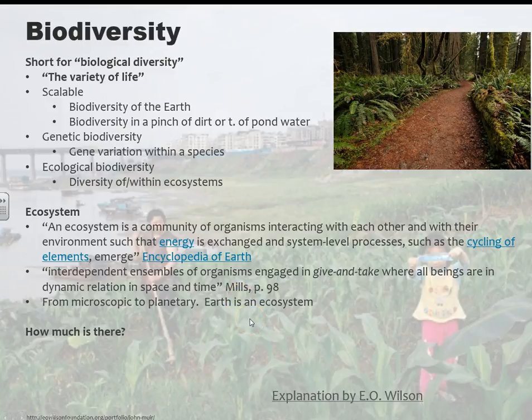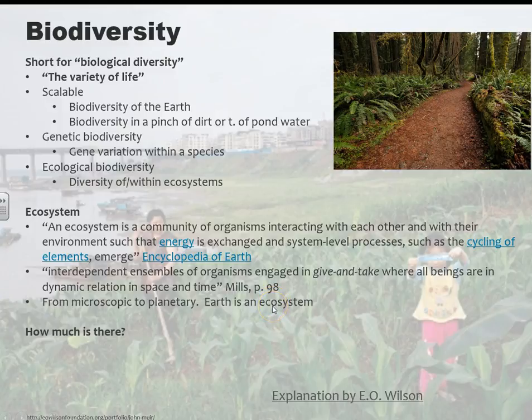We're not necessarily directly impacted by everything on the Earth, but there is some relationship, whether it's one relationship affecting another, which affects another. So somehow we are all connected on planet Earth, and we can be considered an ecosystem.